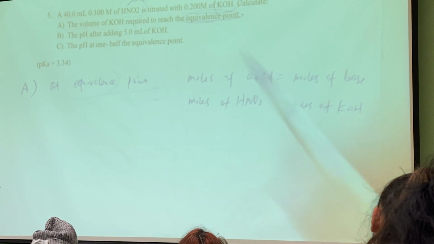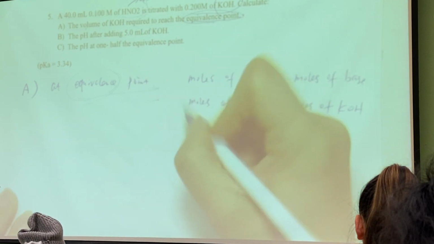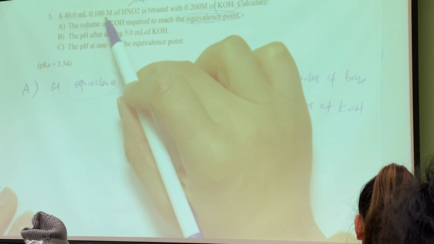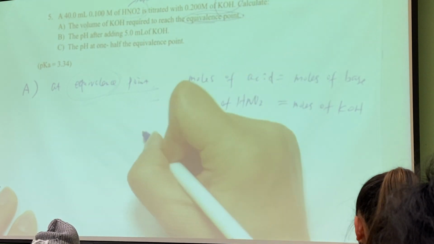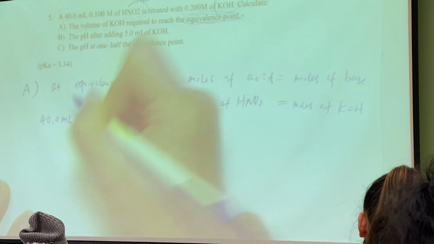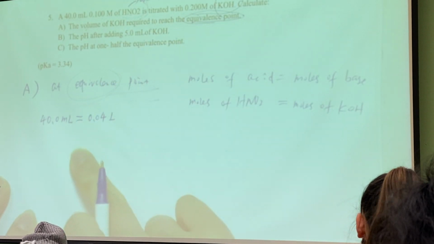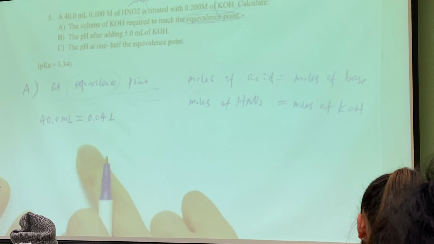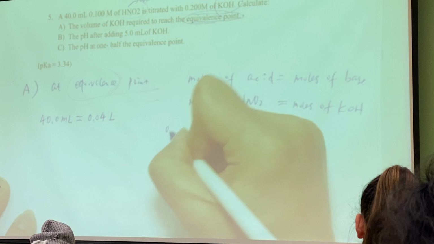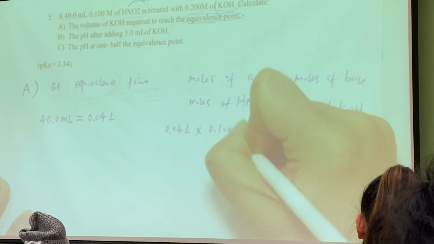So how many moles of acid do I have? Can you calculate? I have 40 milliliters and 0.1 mole per liter. So I first need to convert 40 milliliters to 0.04 liter, dividing by 1,000. Now I calculate the moles of acid: 0.04 liter times 0.1.